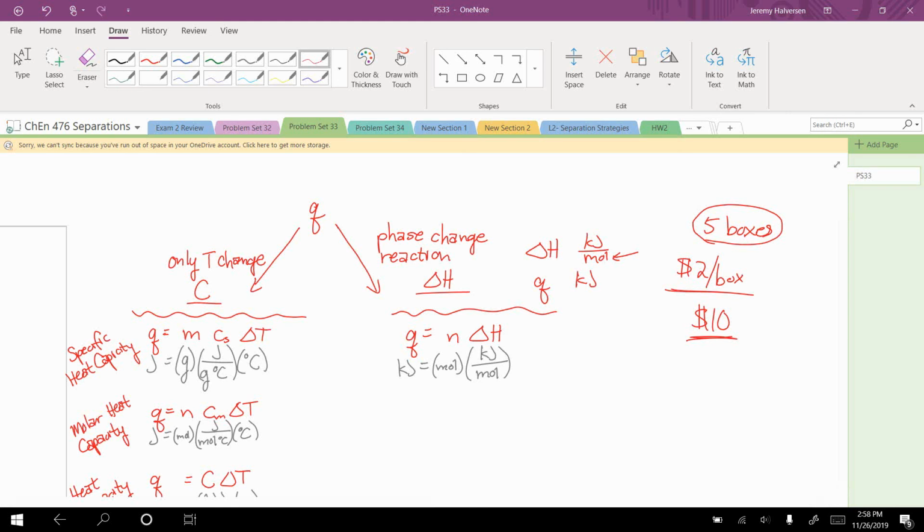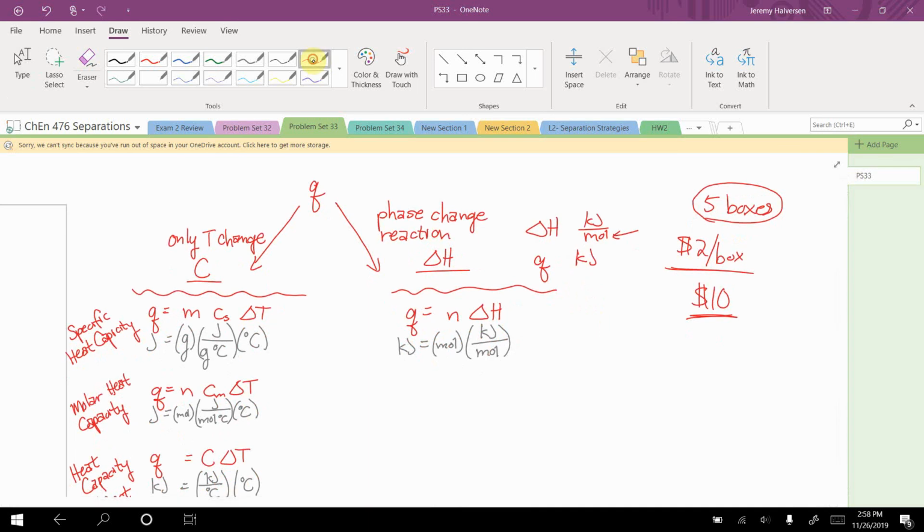If I'm vaporizing something, then there's a delta H of vaporization. Delta H is just how much heat is associated with that process. So I need to know my process, get my delta H for it, and then multiply by however much stuff I have going through that process to figure out the total heat.